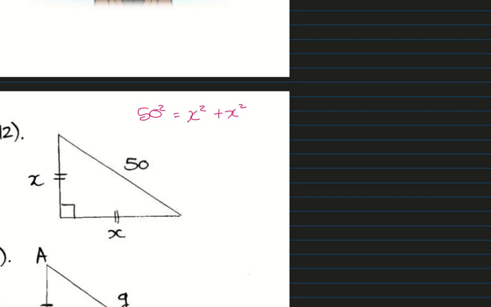So that means the sum of the other two sides. What is the one other side? X. And the other side is X. So we need to square both of those X's. Alright?